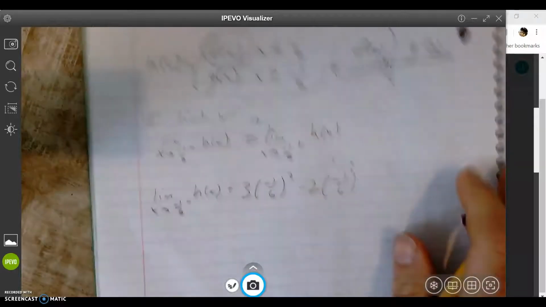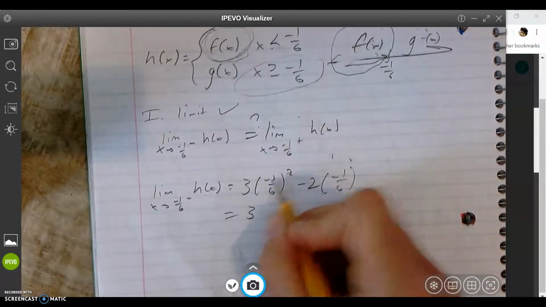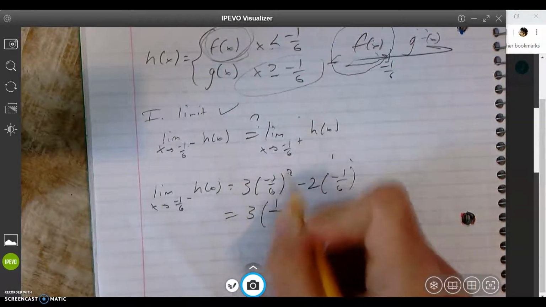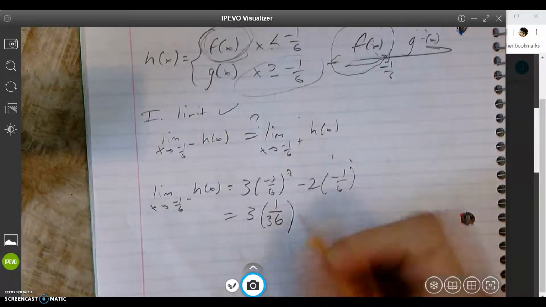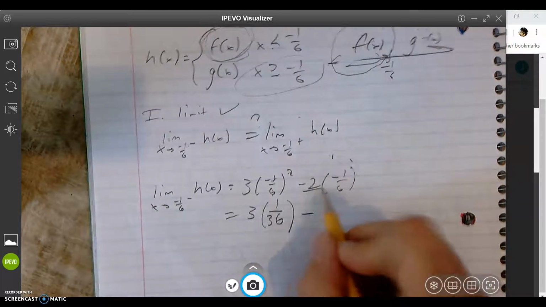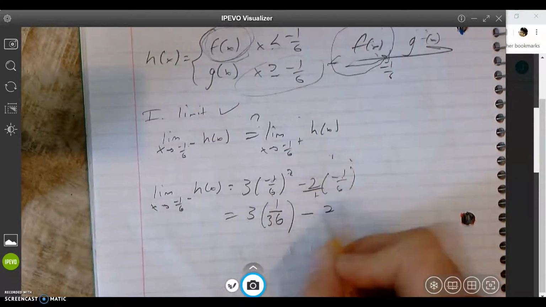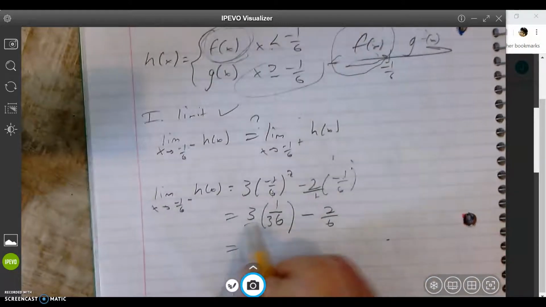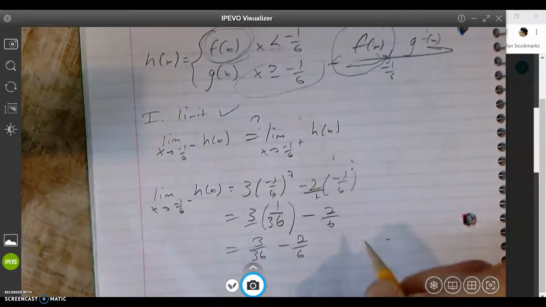So negative 1/6 squared: 3, negative 1 squared is 1, and 6 squared is 36. Minus, negative 2 times negative 1 is 2, over 1 times 6, which is 6. So this is 3 over 36 minus 2 over 6.